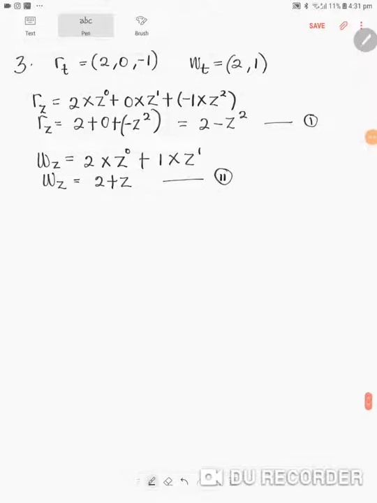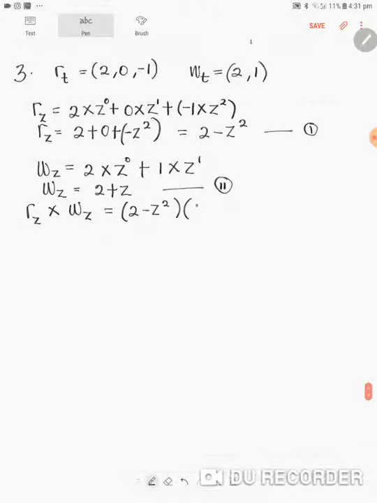Okay, so for convolution, we're going to have RZ times this. Yeah? So which would now be equal to 2 minus Z square, into bracket 2 plus Z. Yeah?